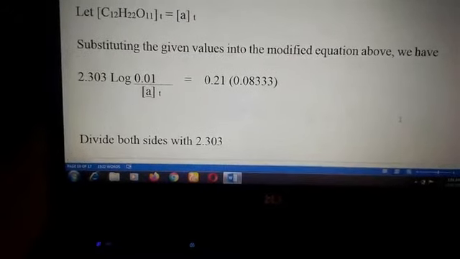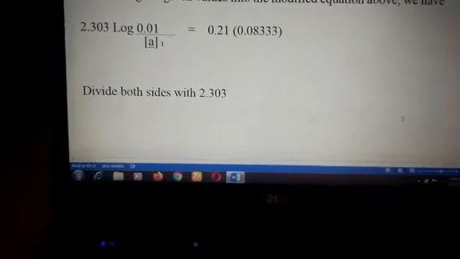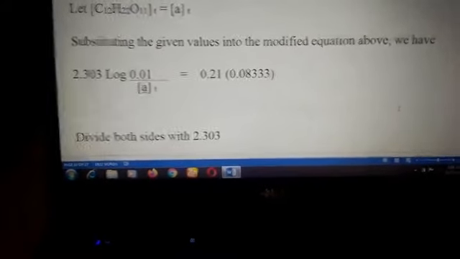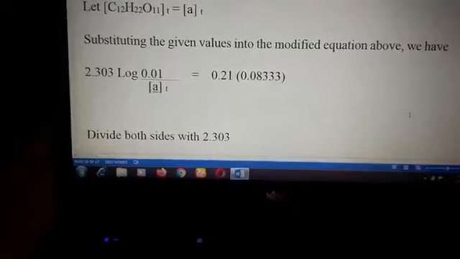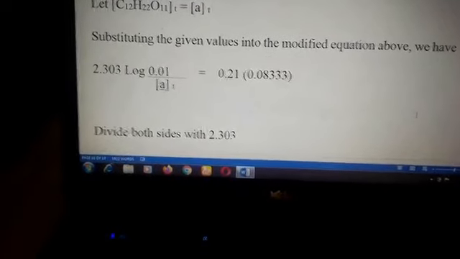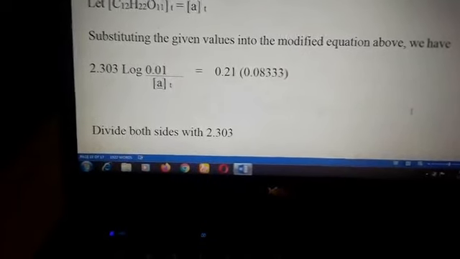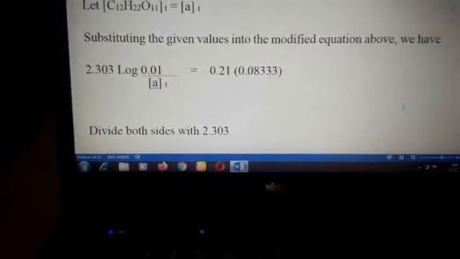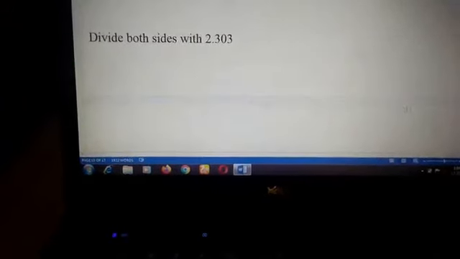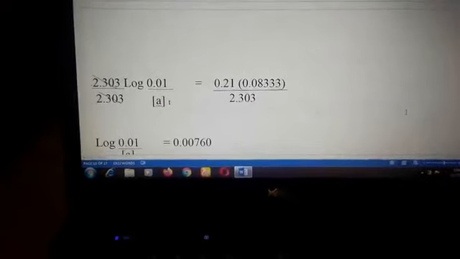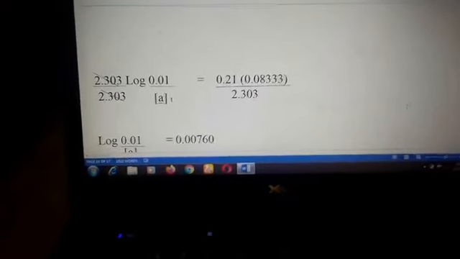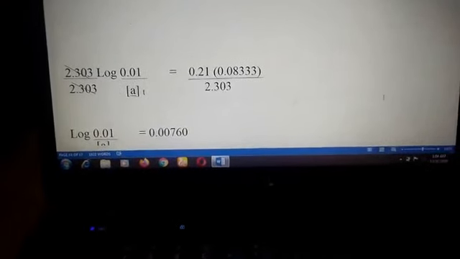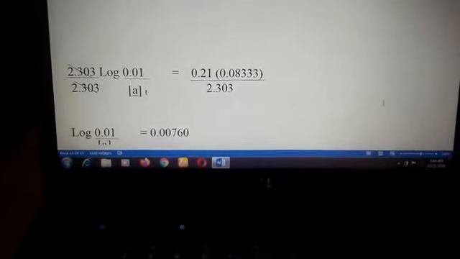And then what we're looking for is inside the log, so we cannot easily just solve like that. We have to first of all remove the 2.303 on the left hand side. Divide both sides by 2.303. We now have this expression. 2.303 cancels out 2.303 on the left, and on the right hand side we have everything all over 2.303.